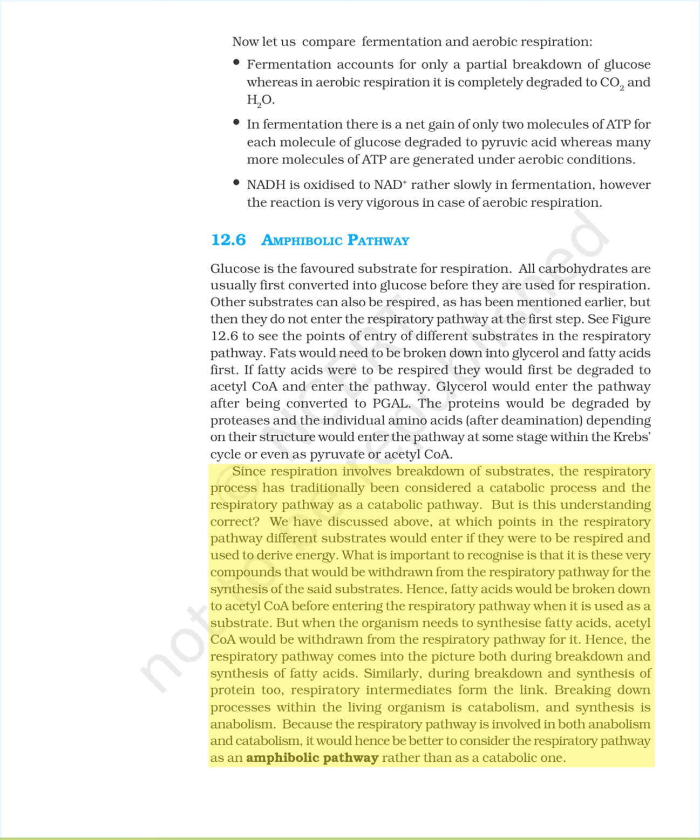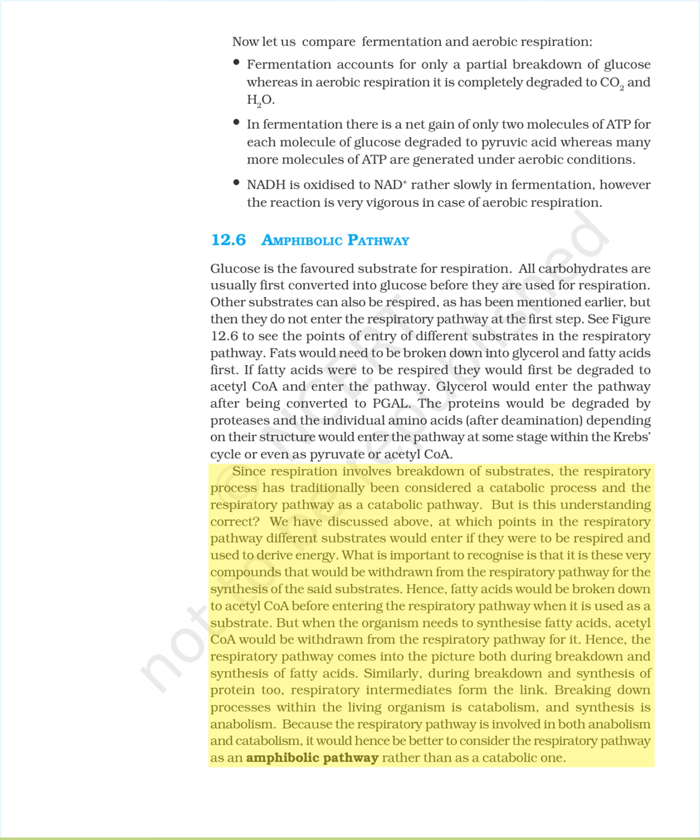Hence, fatty acids would be broken down to acetyl-CoA before entering the respiratory pathway when used as a substrate. But when the organism needs to synthesize fatty acids, acetyl-CoA would be withdrawn from the respiratory pathway for it. Hence, the respiratory pathway comes into the picture both during breakdown and synthesis of fatty acids.